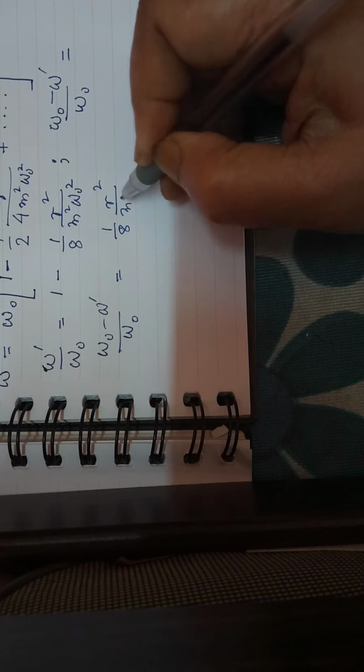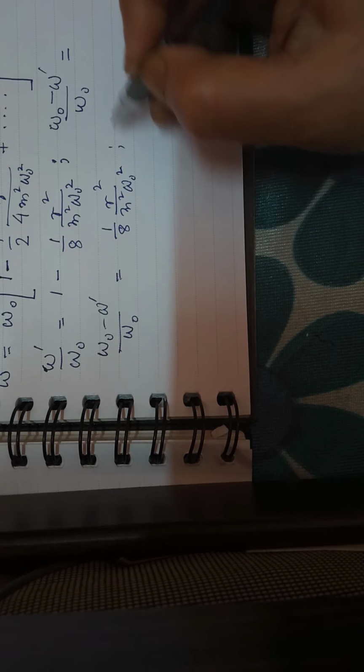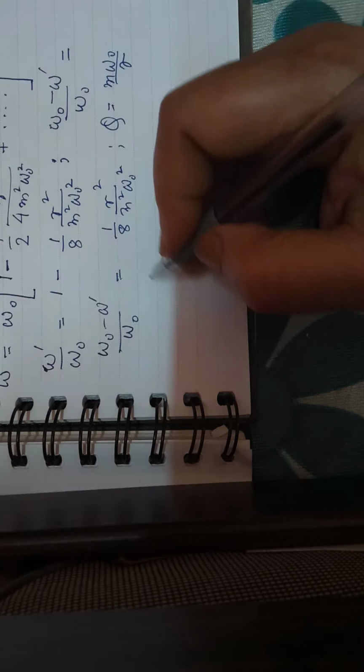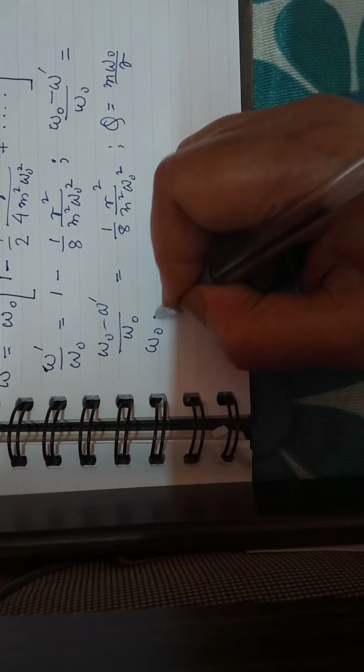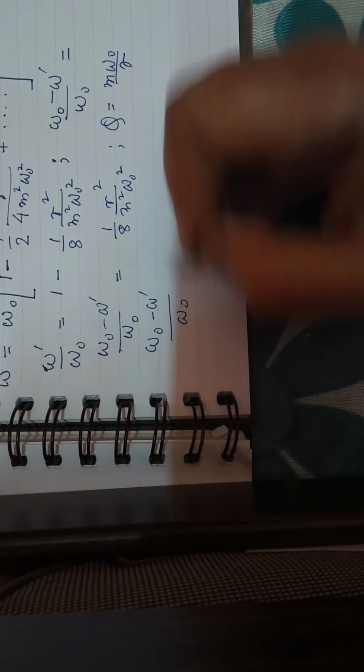But what is Q equal to? Q is equal to m omega 0 by R. So omega 0 minus omega prime by omega 0 is equal to 1 by 8 Q square.